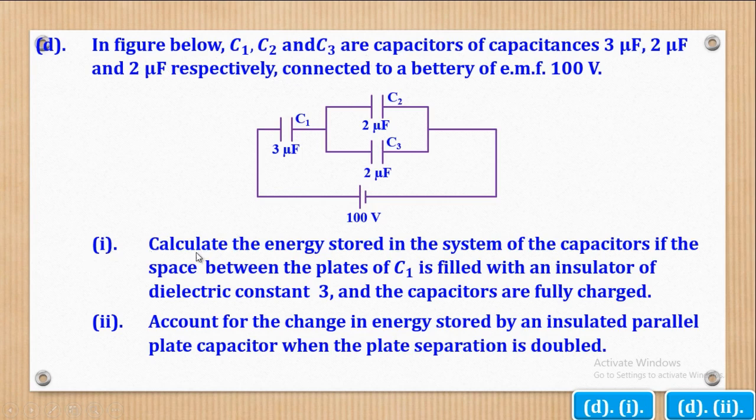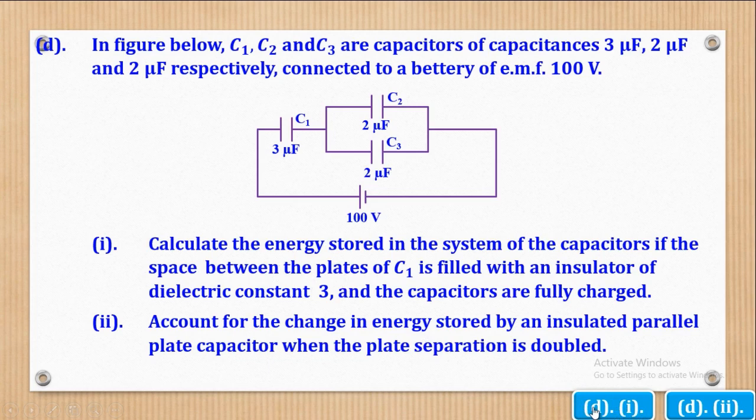Part Roman 1 says, calculate the energy stored in the system of the capacitors if the space between the plates of C1 is filled with an insulator of dielectric constant 3 and the capacitors are fully charged. So we have to first deal with this dielectric constant.